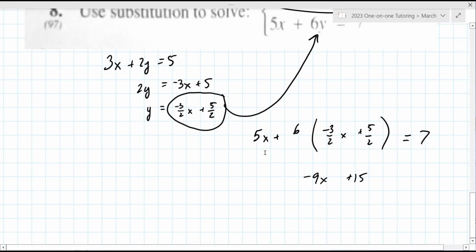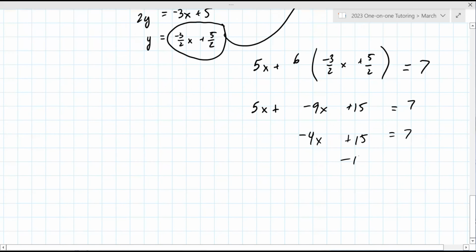And with smaller numbers, you can get away with it, but the larger they get, the better this method is. Combine like terms. Move the 15 over. Divide by -4. X appears to be 2.